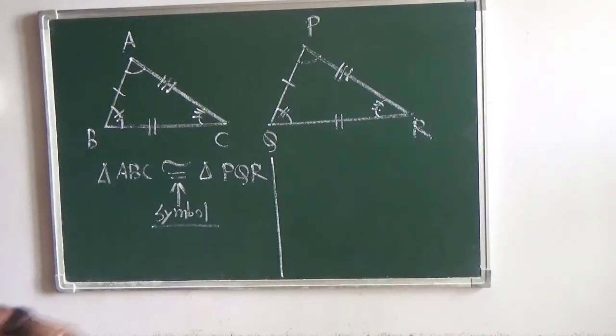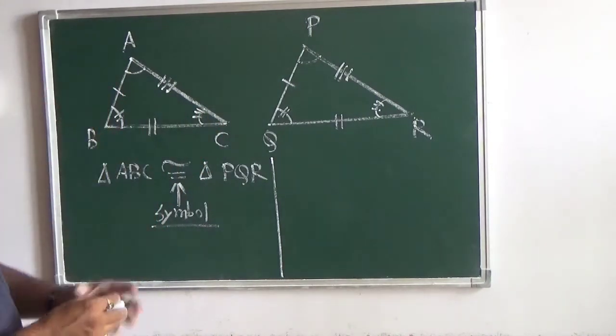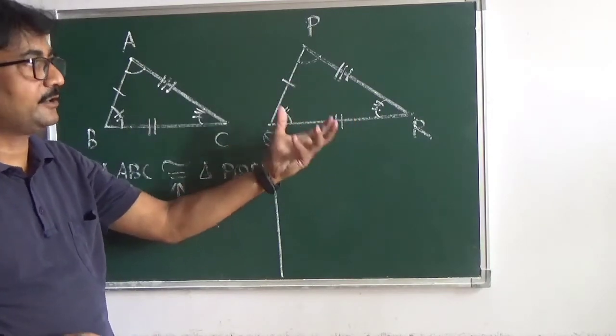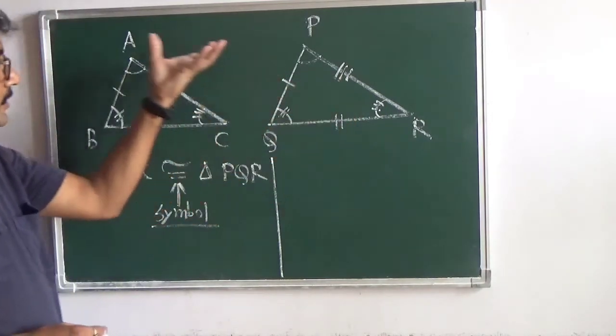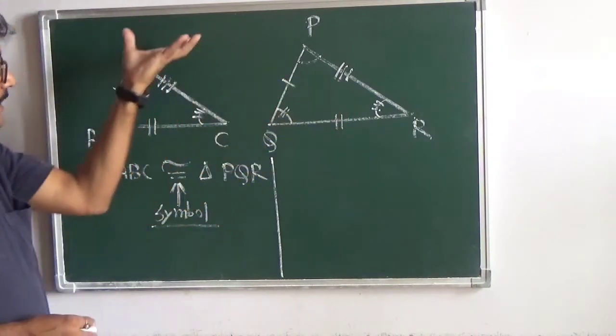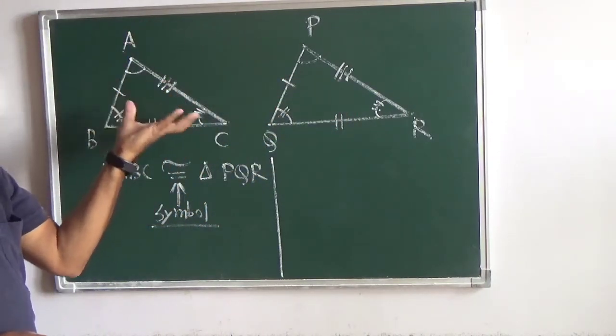That means if you shift or superpose or overlap this figure on this, that means take triangle PQR and put it above ABC, then what happens?